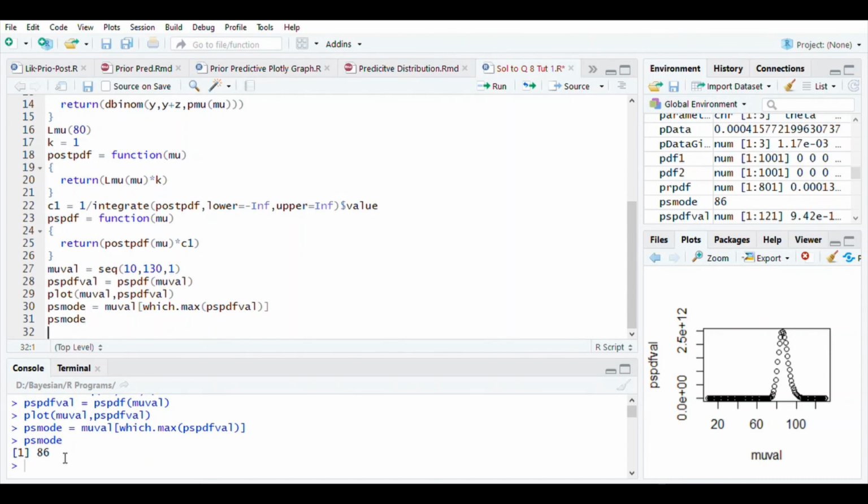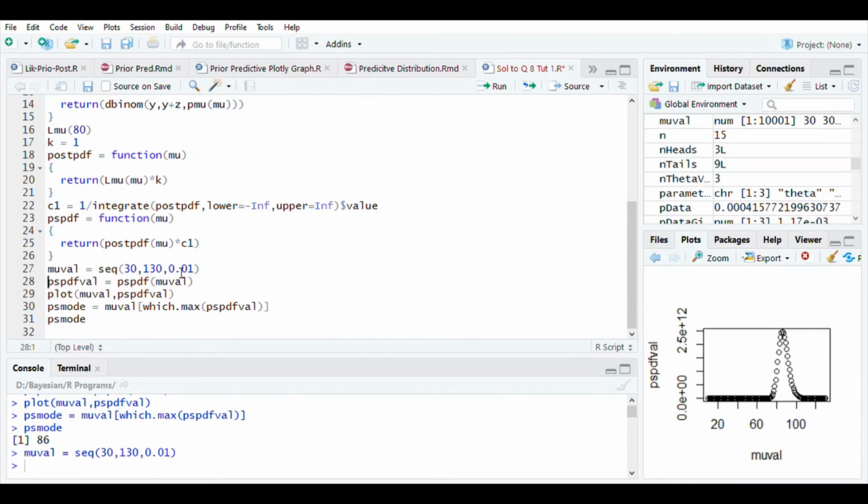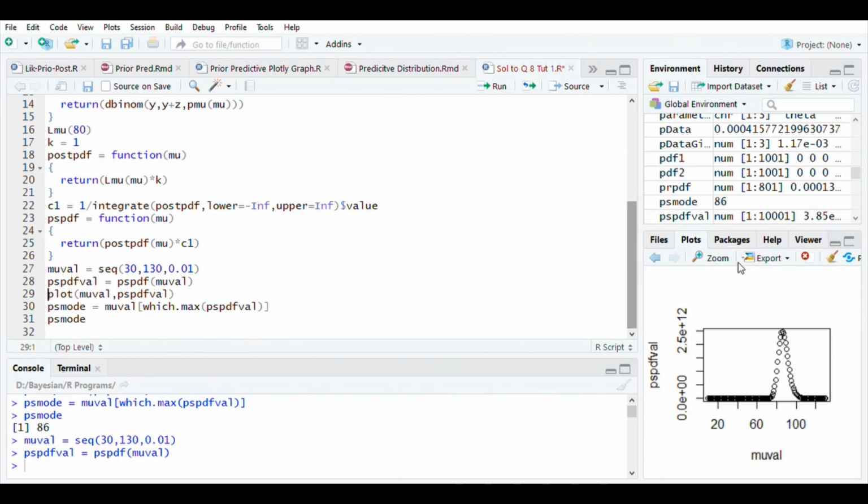Now here we are getting integer values because the values of mu which we used to plot the posterior PDF were integer valued. If you narrow down this search, say 30 to 130, and increase by say 0.01, the graph will also change a bit, not drastically, but it will have a better look.